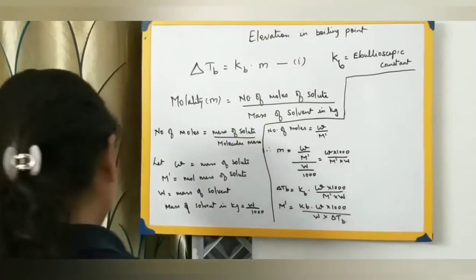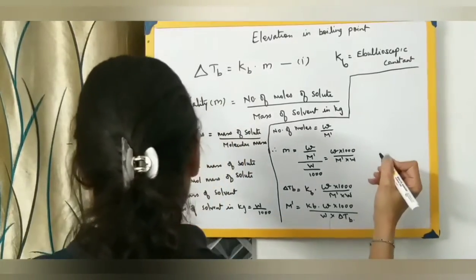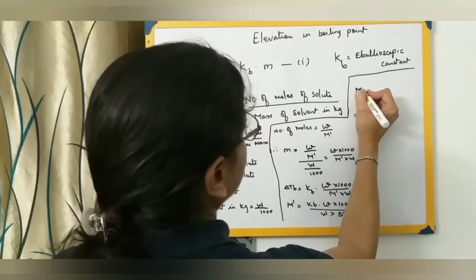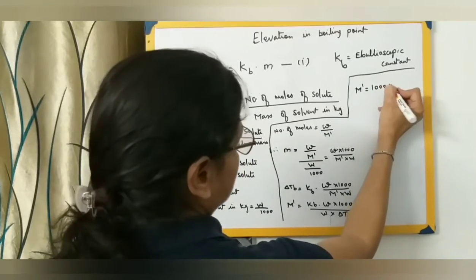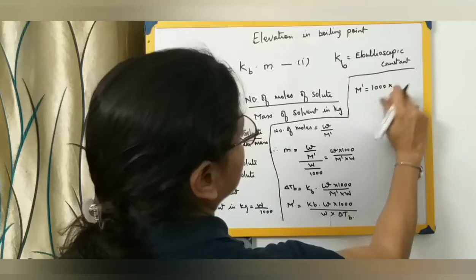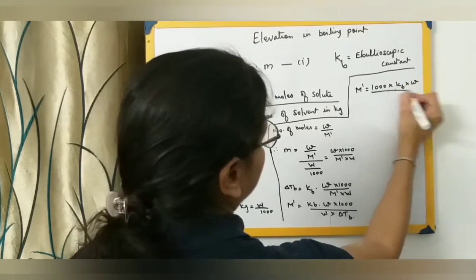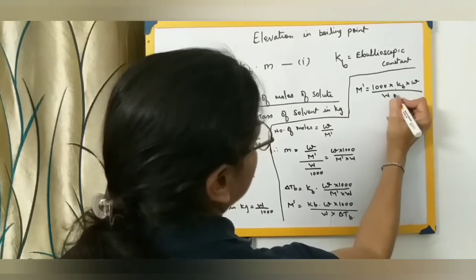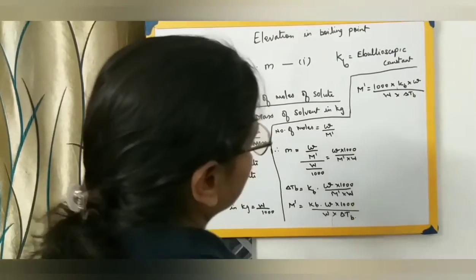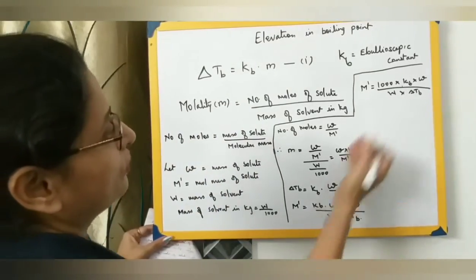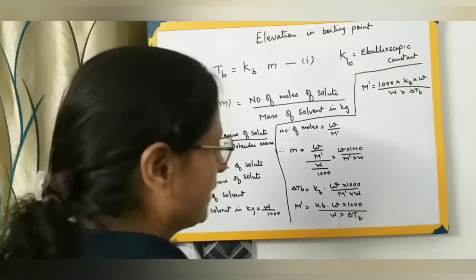We can rearrange it if you want, that is M dash, the molecular mass of the solute, is 1000 into Kb into w upon capital W into the elevation in boiling point. Now this is optional. You can leave it as it is, or you can rearrange it, that is number first followed by all the other parameters.